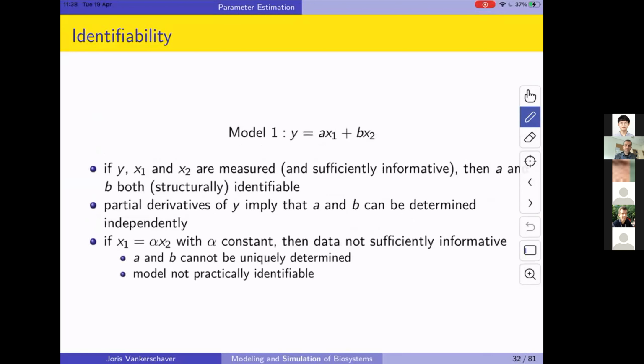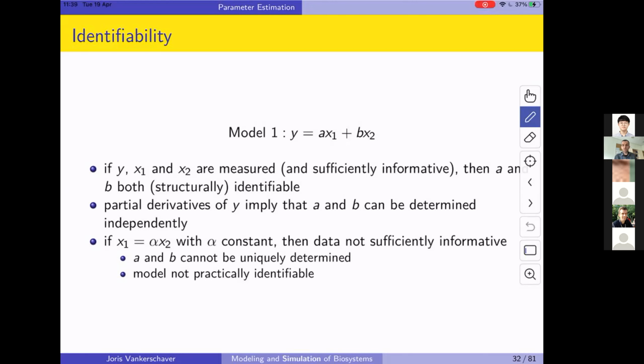And to give you an example, here is a very simple model where y is a times x1 plus b times x2. And a and b here are the parameters. x1 and x2 are the predictors, and y is the outcome. So if we can measure x1, x2, and y, and if we have sufficiently many data points, then we can determine both a and b.